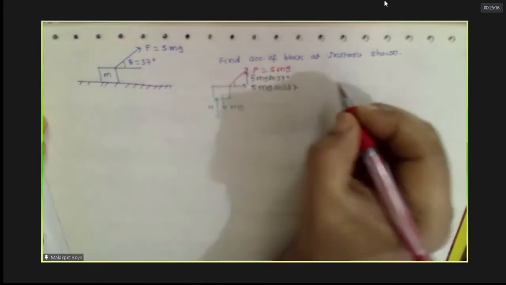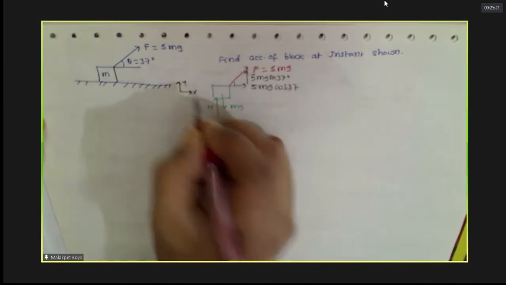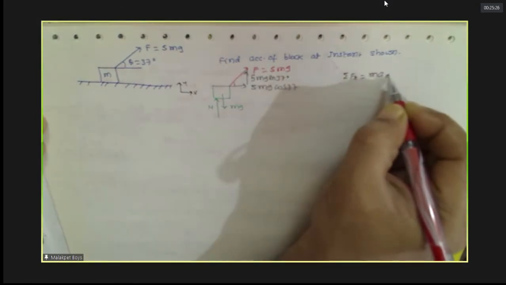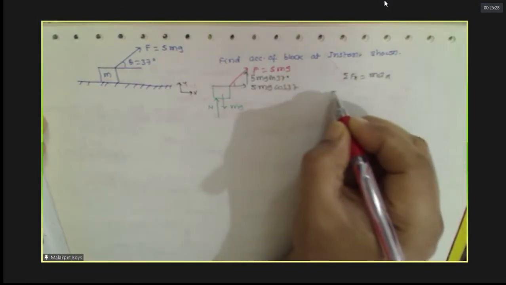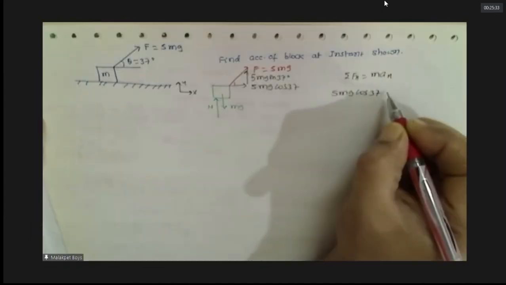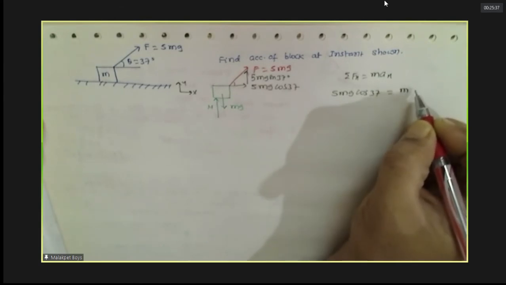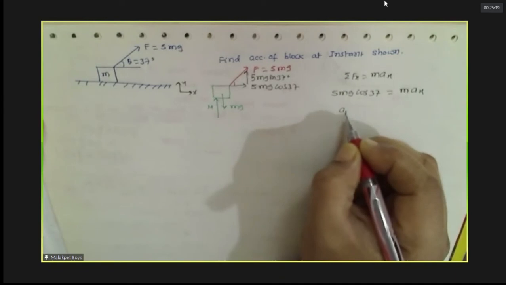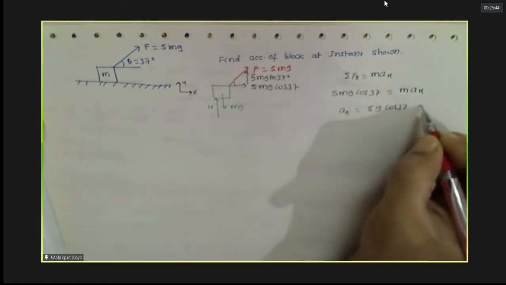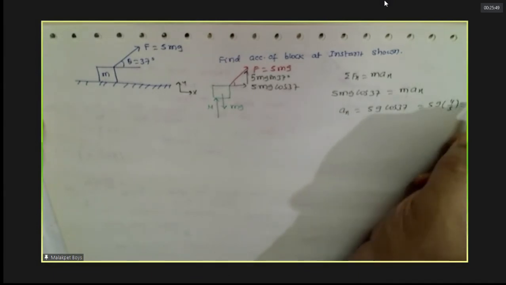The only forces. Again, I can take the x-axis like this, and this is y. Sigma Fx equals max. What is the only force on this? 5 mg cos 37. Mass of the block is m, ax. So that gives ax equals 5g cos 37, which is 5 into g into 4 by 5, so 4g.